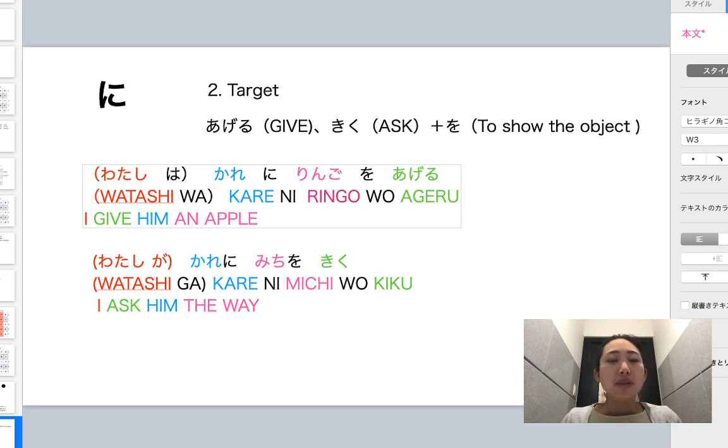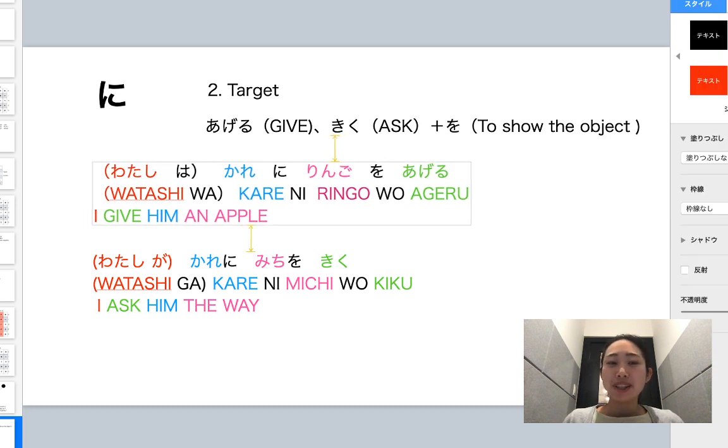You give flower water, 花に水をあげる, like this. So maybe as you communicate with many people or many things, you want to use ni a lot. Okay, so please remember this.